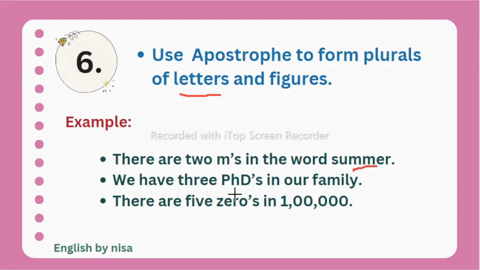Now here we have three PhD's. In our family, more PhD persons are there, so we are using apostrophe as in PhD's. For example, there are 5 zeros in 1 lakh. To show the number of figures, we are using apostrophe s, 0's. We have 5 0's in 1 lakh.